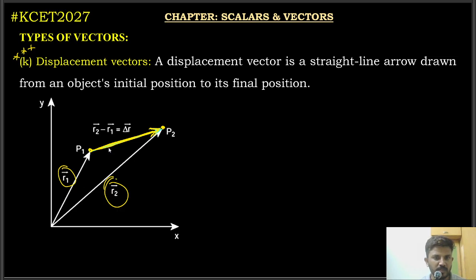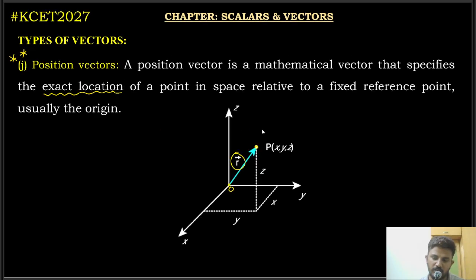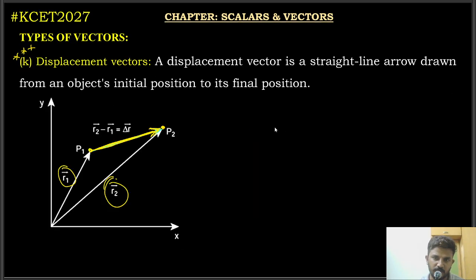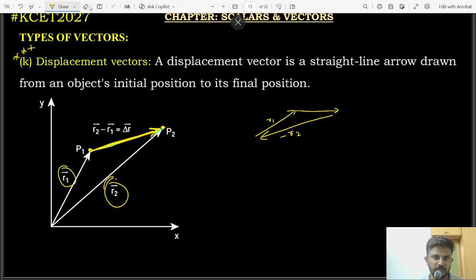Actually, in this direction we have to take minus r2, right? Okay, let me calculate. According to the triangular law of vector addition, if I consider a vector like this, I'm reversing r2. This is r1. Yeah, that is correct only.